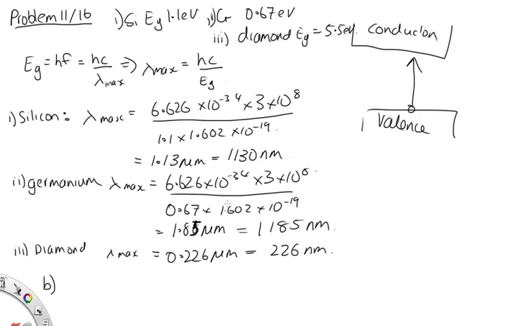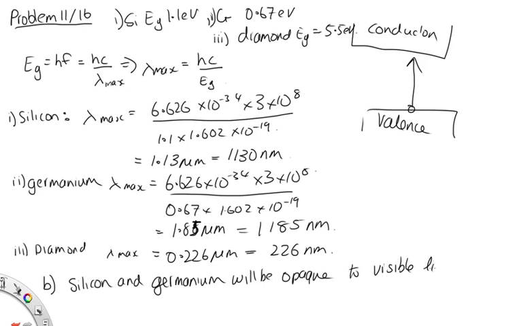So silicon and germanium are going to be opaque to visible light because they will absorb visible light as the electrons absorb it, jumping up to the conduction band. So silicon and germanium will be opaque to visible light, as lambda visible is less than lambda max.